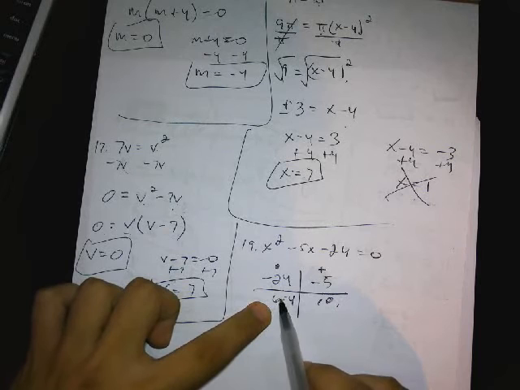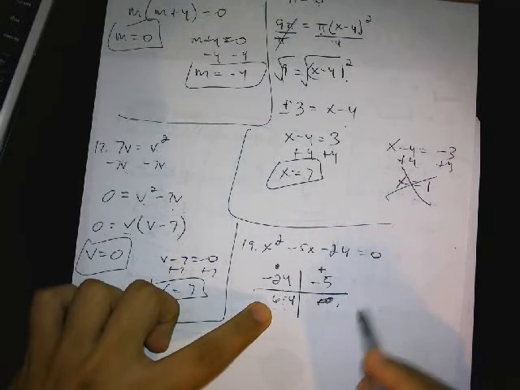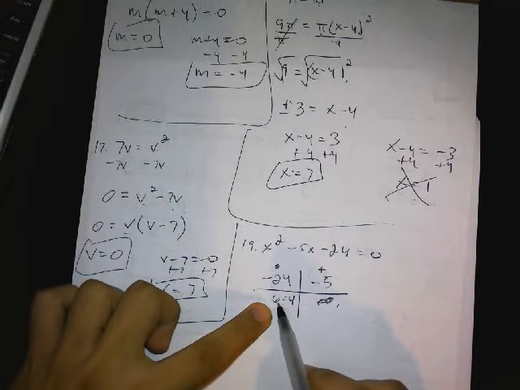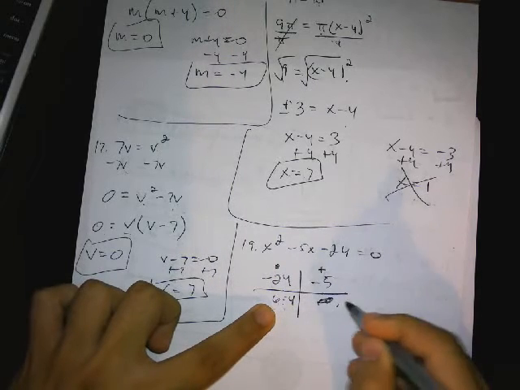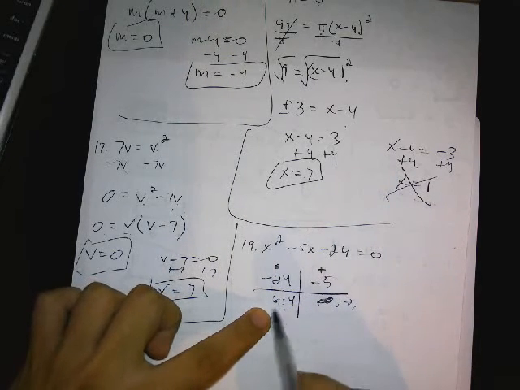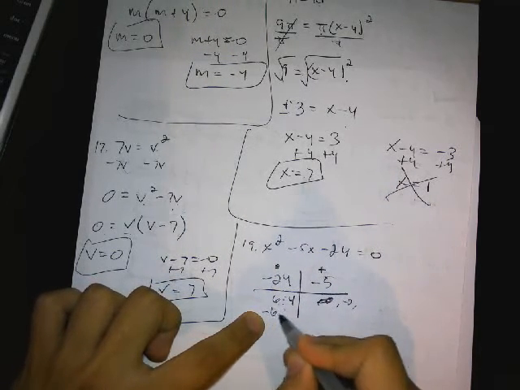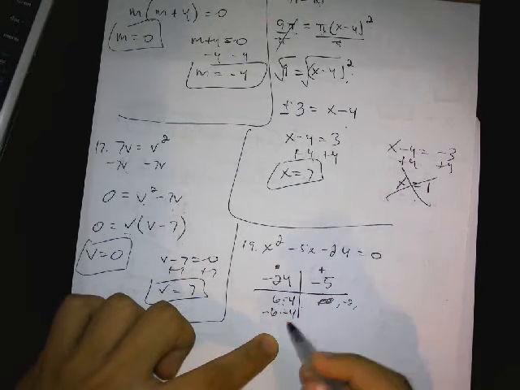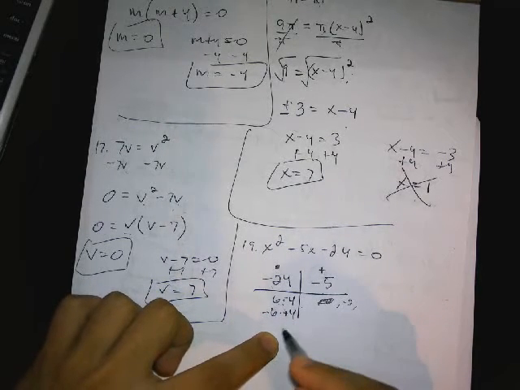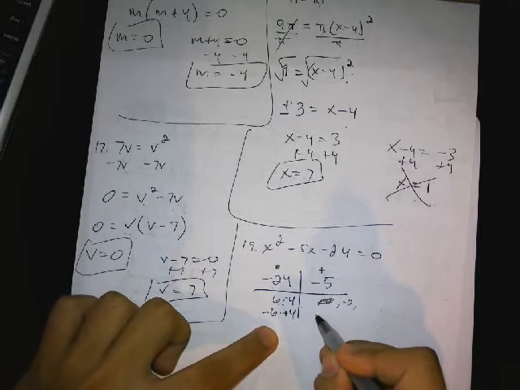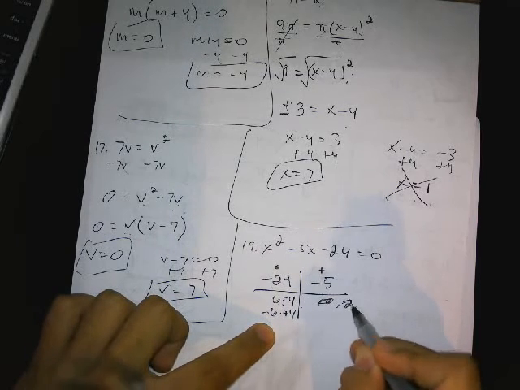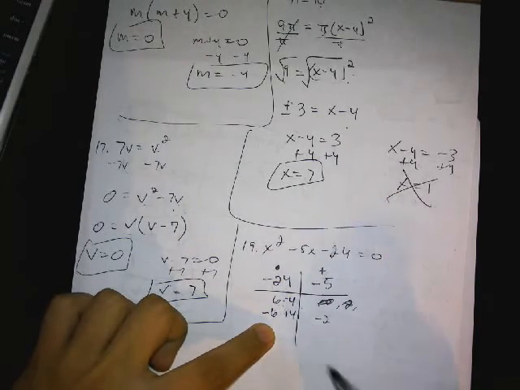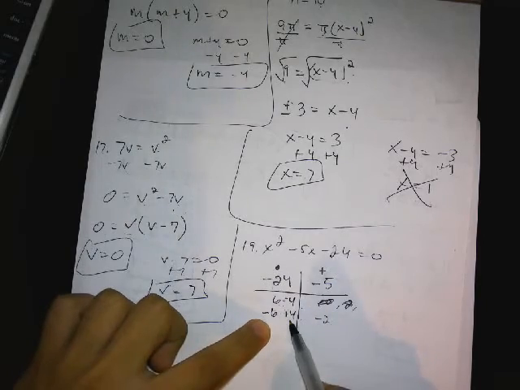So one of them has to be negative. So I can't take 10. However, 6 plus negative 4 is 2, and negative 6 plus positive 4 is negative 2. So none of those two work.